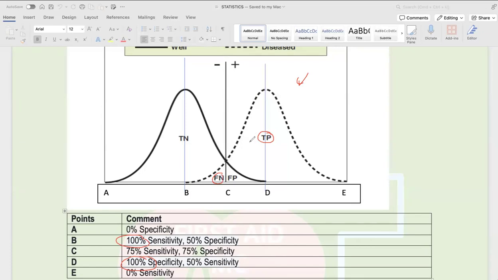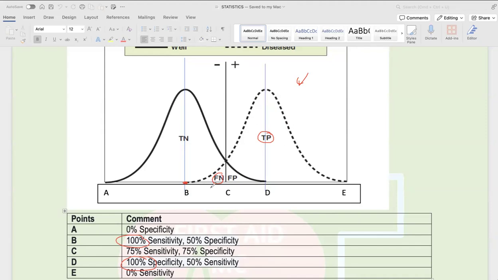Now, at this point, at this B point, we don't have any false negatives, because this is where there is no false negative. So everything is truly positive.